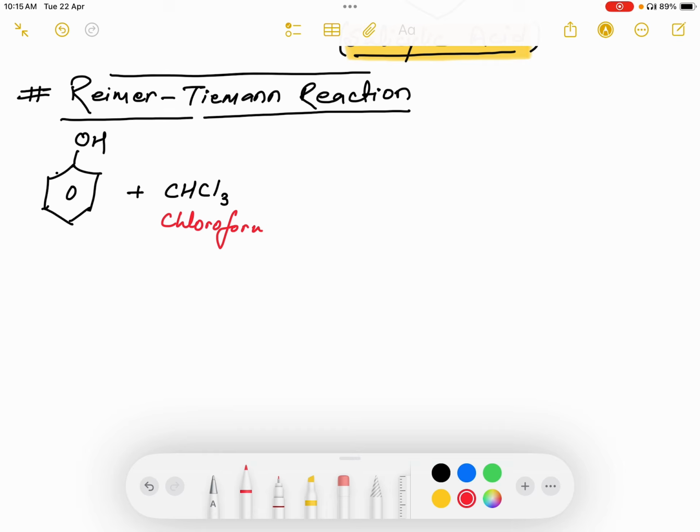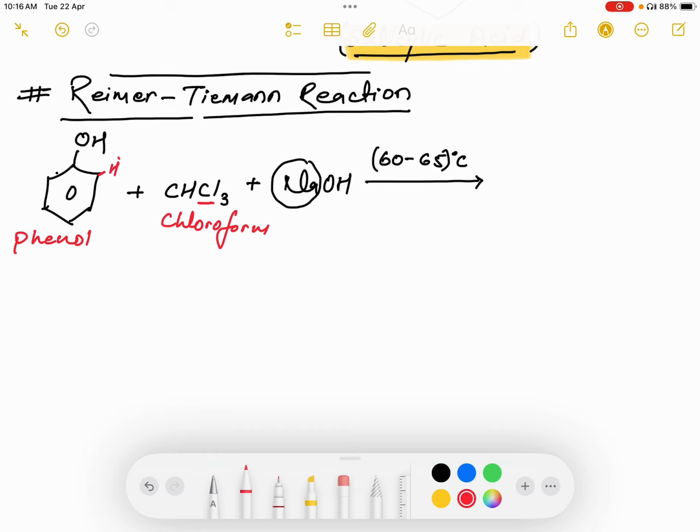So when phenol is treated with chloroform in the presence of NaOH at a temperature range of 60 to 65 degrees C, the Na will take away one of the chlorines. There is a hydrogen attached here, so the hydrogen will be removed and this carbon will move and attach at this point.